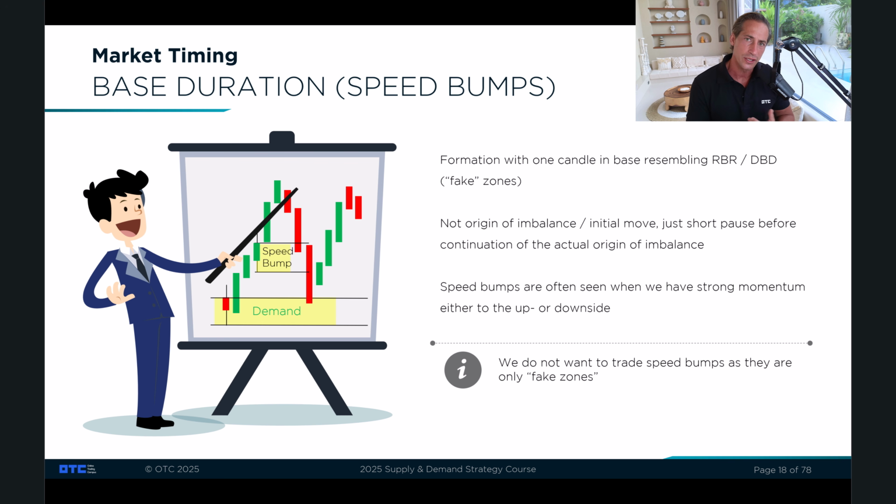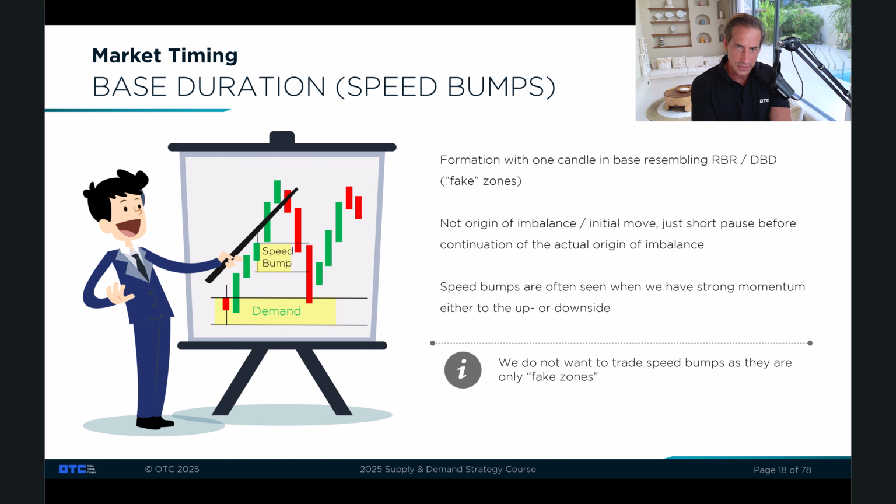This is not an origin of imbalance or the initial move, just a short pause before the continuation of the actual origin of imbalance. Speed bumps are often seen when we have strong momentum either to the up or downside. As a conclusion, we don't want to trade speed bumps, as they are, as I said, fake zones.